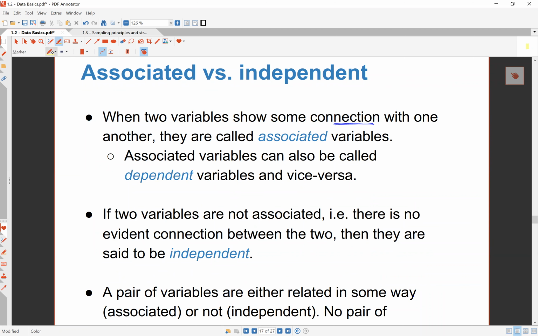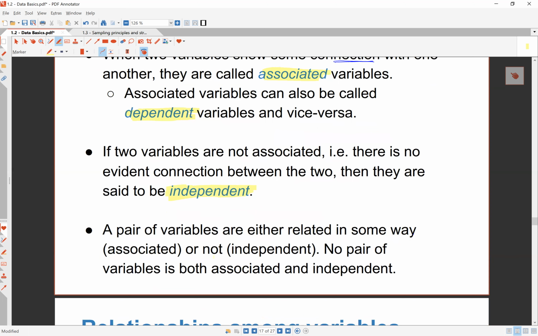You can use associated and dependent interchangeably to describe situations where a relationship exists, where we'll look at pictures in a minute to describe better what these relationships might be. And then if there is no association, then we say variables are independent of one another.